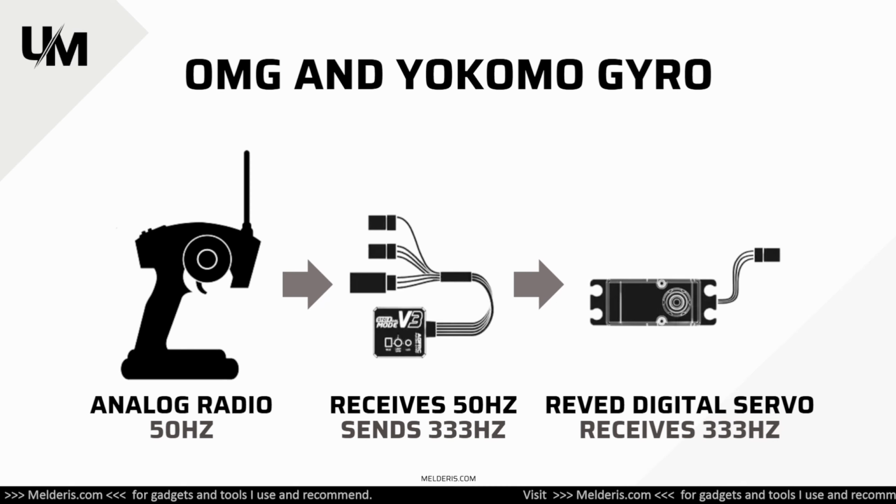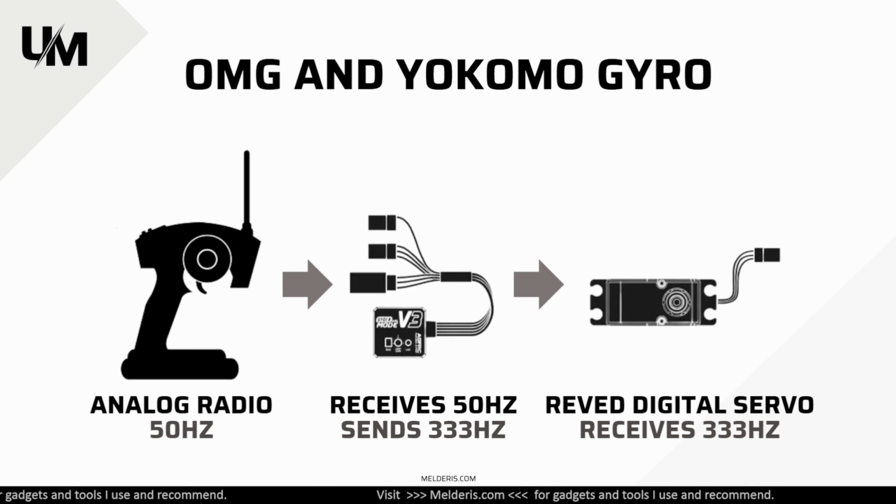Now when it's coming to AGFRC and MGX, the newest and latest version, their situation is a little bit different. You won't be able with those two gyros to achieve this, and the reason is because your analog radio is sending 50 Hz, and remember those two gyros have follow mode, which means that they are reading the signal from your radio system, and instead of sending 333 Hz from the gyro, it will be sending only 50 Hz.